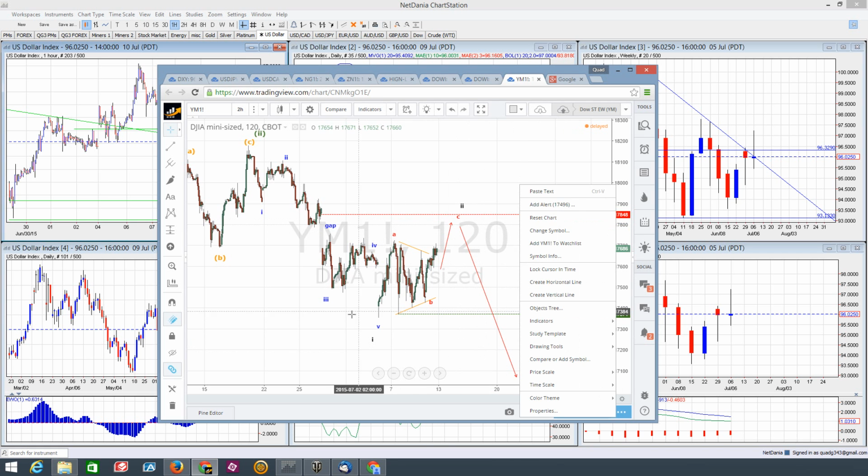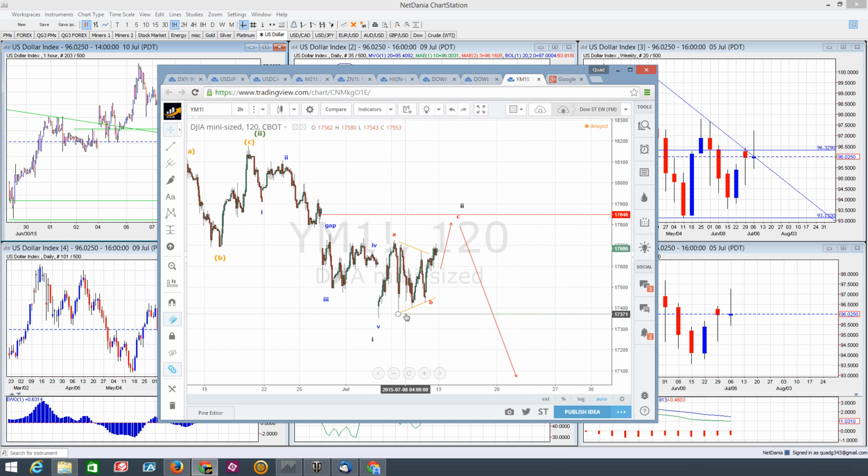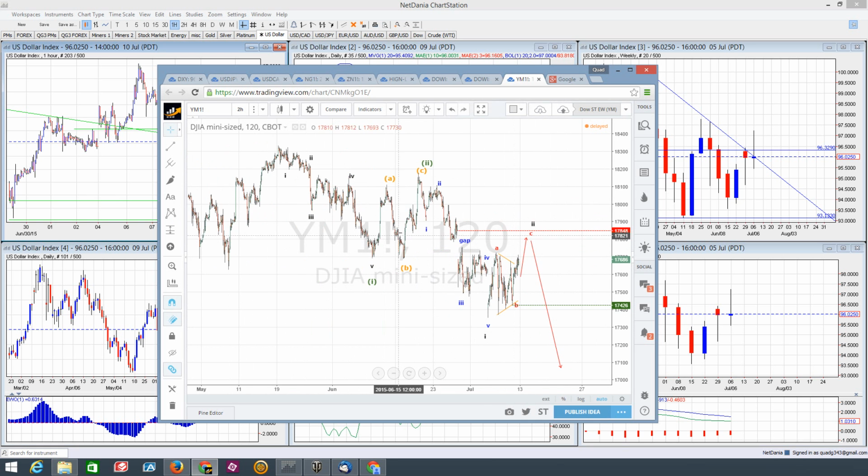At this point in time, since wave B does look like it is completed, key support is going to move up to the end of wave B, and that's going to be right there at 17,426. A break below that, I think, is going to be an indication that this correction is over with, and we're going to start our wave 3 of 3, black 3 of green bracketed 3, to the downside.